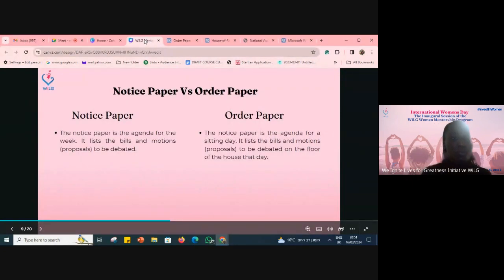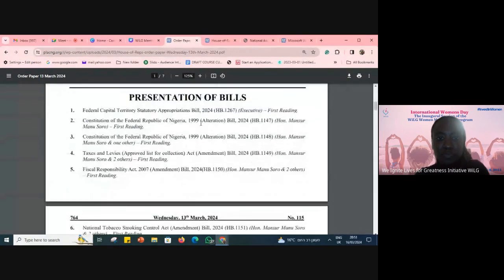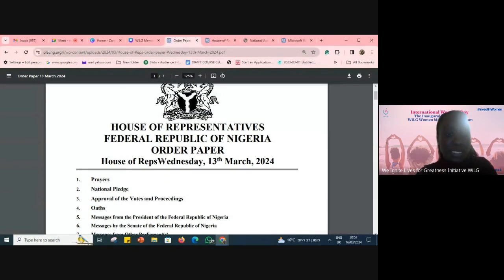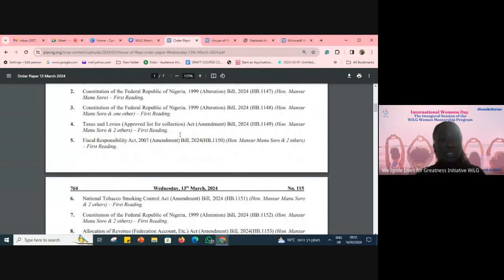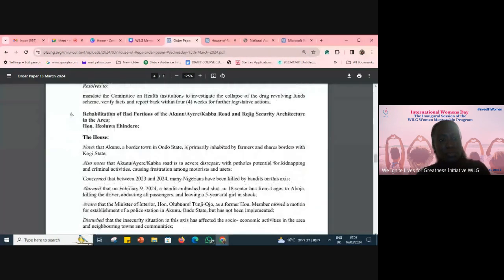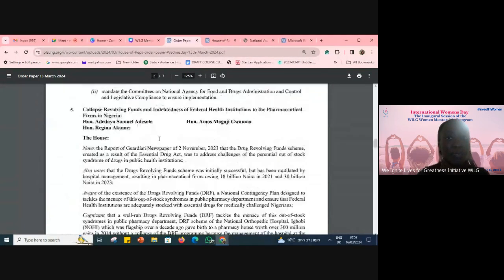Then we talked about notice paper and order paper. I will just show a sample and tell you what it is. The order paper is the breakdown of everything that the House would do on that day. An example is the order paper for Wednesday for the House of Representatives. All the things that the House will do, from the bills they will pass to the motions that will be presented before the House, to the committees that would sit, all the information will be contained in the order paper.